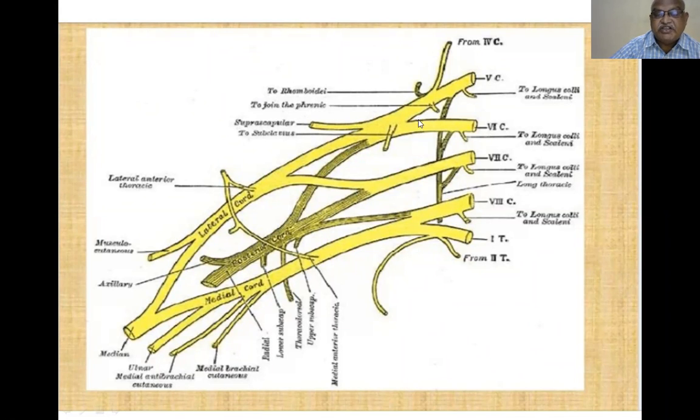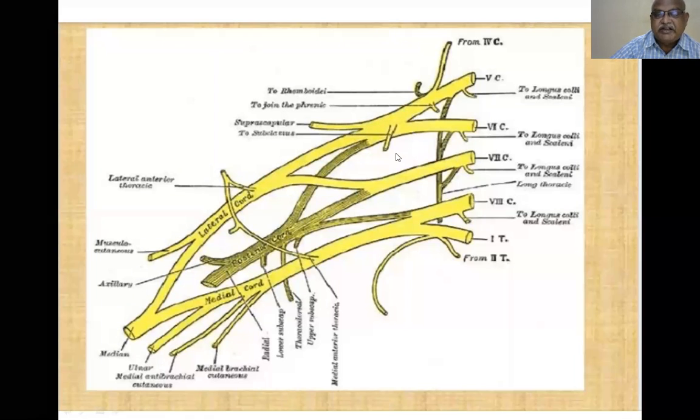This junction injury is called Erb's paralysis. This point is called Erb's point, the junction of the nerve roots. If injury in this region causes paralysis, that is called Erb's paralysis. Once again, Erb's point: C5, C6 roots.